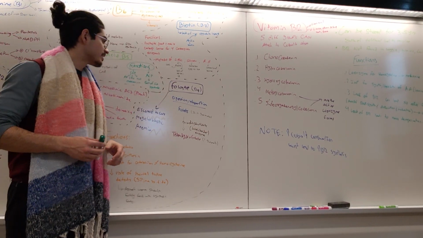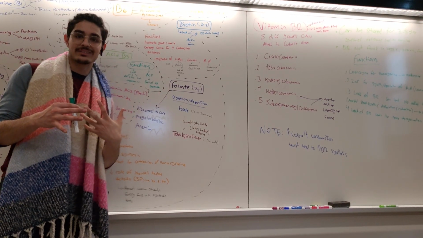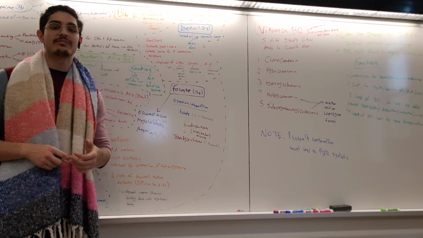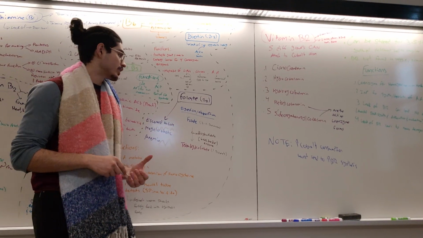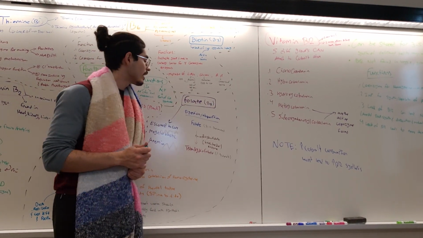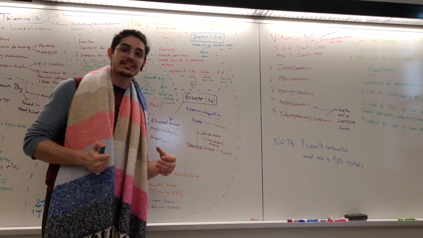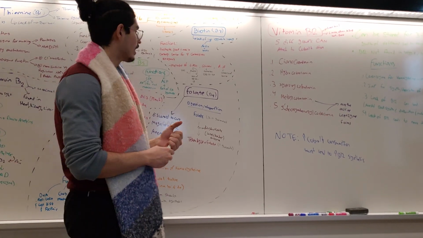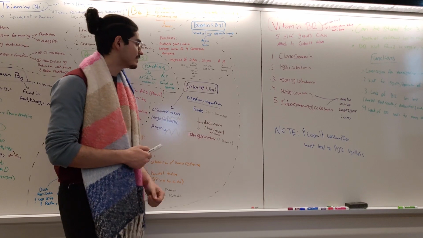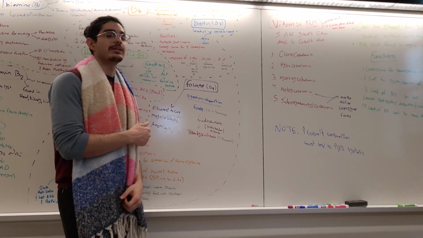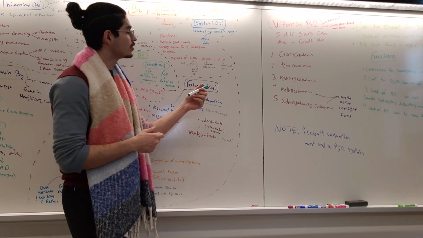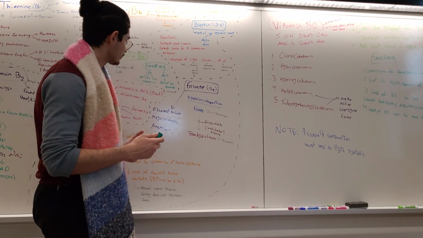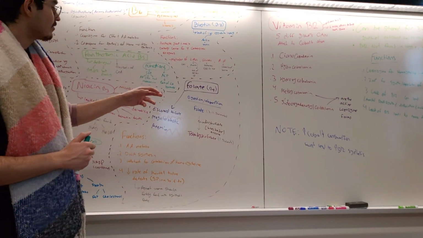And it can assist in the synthesis of odd chain fatty acids. Odd chain meaning that instead of your normal 16 carbon long, you have like a 5 carbon long. For glucose, it actually replenishes the oxaloacetate for the Krebs cycle. And for the amino acids, it helps with the metabolism of certain amino acids, and it also helps in the catabolic pathway for leucine. All right, so that was B7.